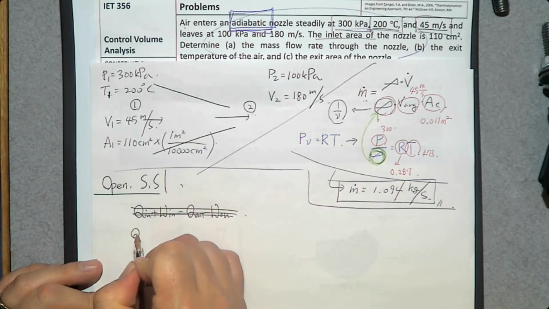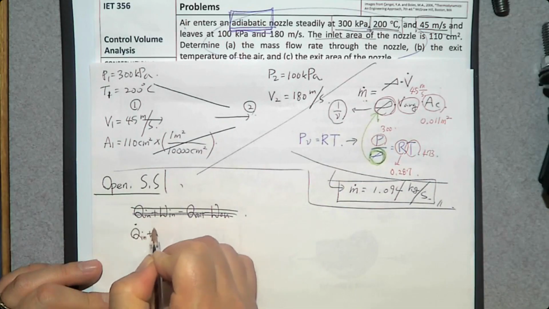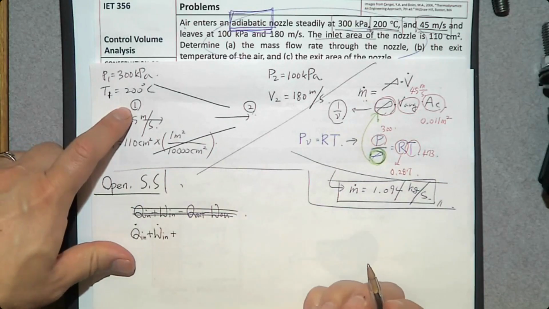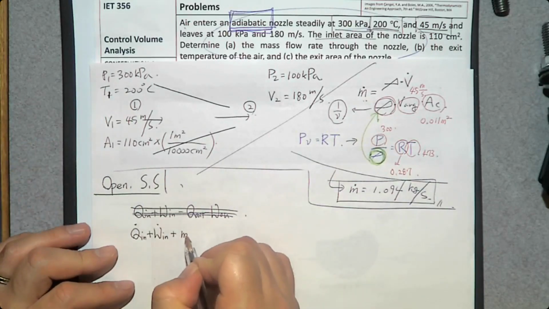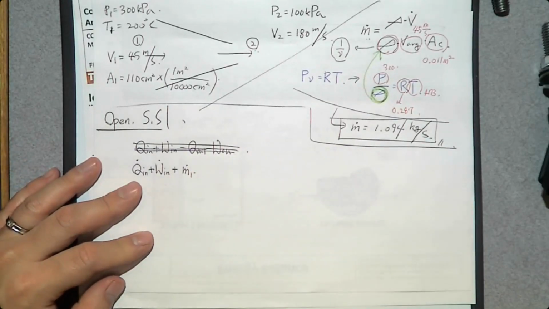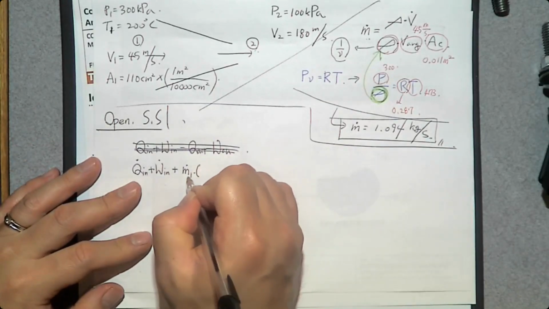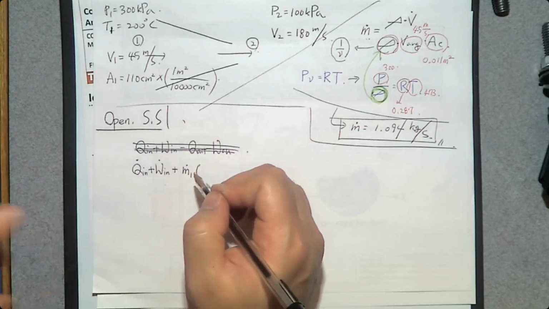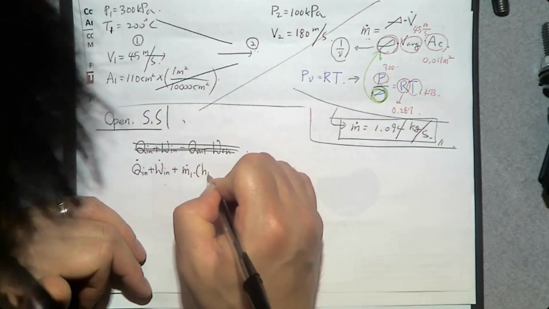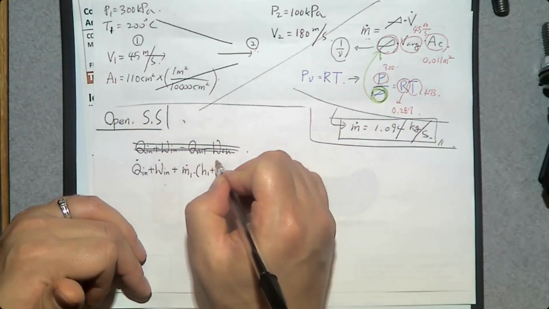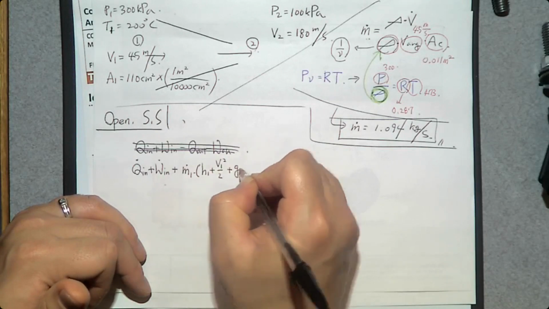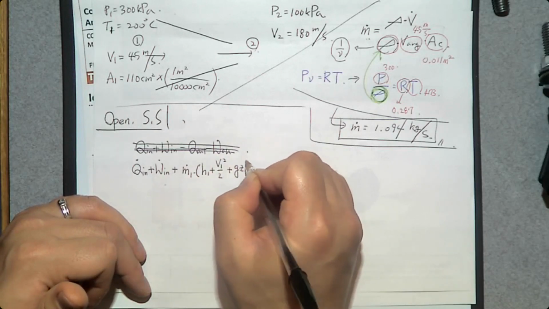For an open system, Q dot in plus W dot in plus m dot at the inlet. Inlet is number 1, so it is m dot 1 times specific enthalpy, specific kinetic energy, and specific potential energy, since the mass flow rate at the inlet carries these three energies.